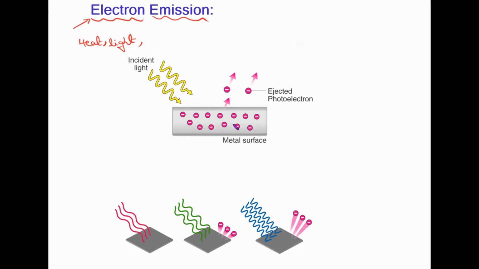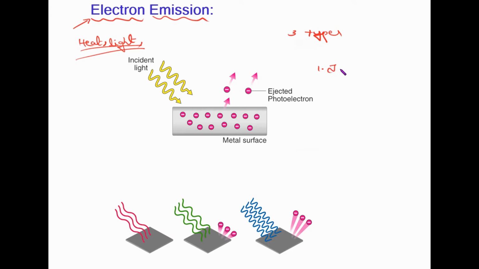Depending on the sources of external energy, we have classified electron emission into types.